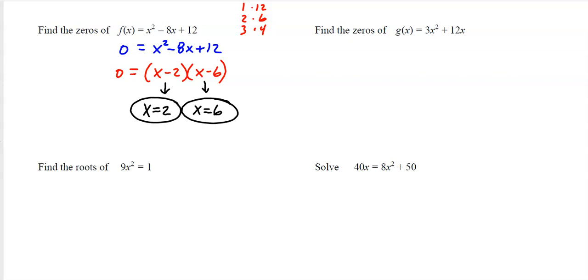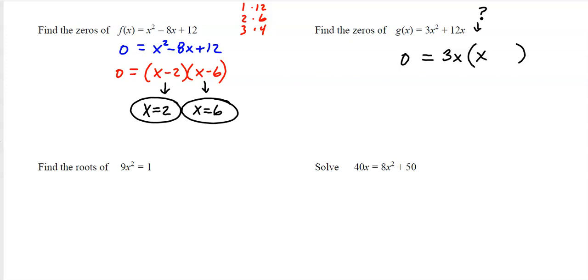This one is kind of weird because we're missing the back number. A lot of times when you're missing that back number, the best thing you can do is pull out a GCF. So I'm going to pull out a 3x from both pieces. 3 is the biggest number that comes out of the coefficients, and x is the smallest variable piece I can take out.